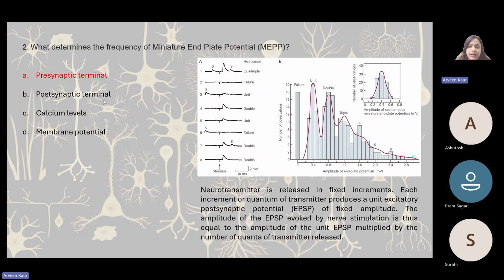interface. For instance, I have kept this representation from Kandel, the book by Kandel. Over here you can see that the neurotransmitter is released in fixed increments. A little bit is given, then more of it, then more of it.